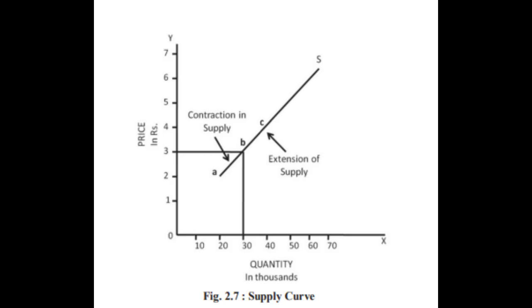When the price of pens is 2 rupees per pen, 25,000 pens per month are offered for sale. Similarly, points B, C, D, and E on the graph correspond to rows 2nd, 3rd, 4th and 5th of Table 2.3 respectively. The supply curve S is a smooth curve drawn through the 5 points A, B, C, D, and E. This curve shows the quantity of pens offered for sale at each price.